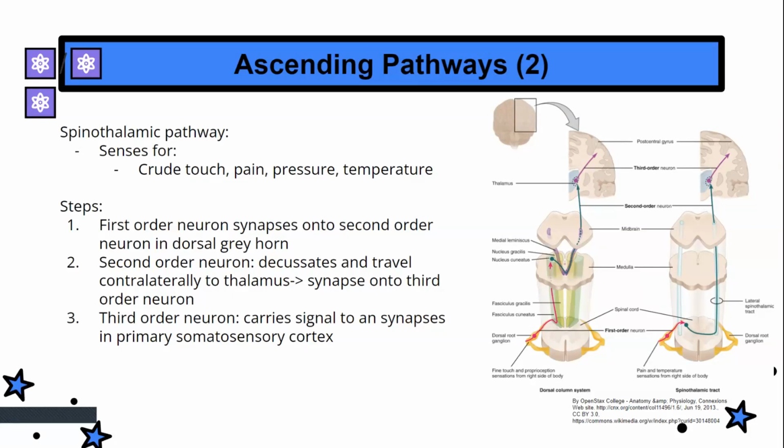So if the instruction is coming from that side, it will synapse immediately on that level. It won't move upward at all. It will synapse and then decussate on that level directly. Then that will go up to the thalamus again, and synapse onto the third order neuron. And then once again, that will go to wherever it seems appropriate in the primary somatosensory cortex.